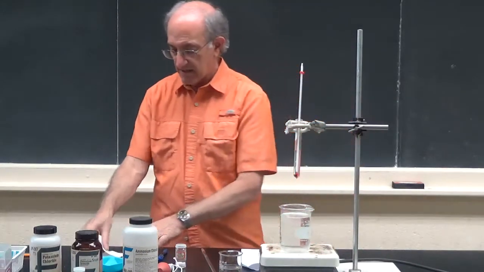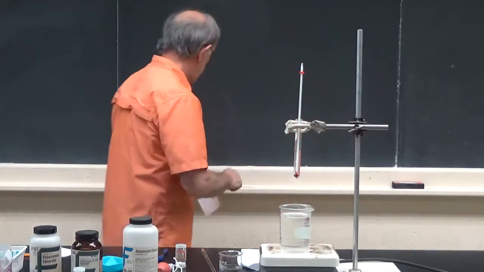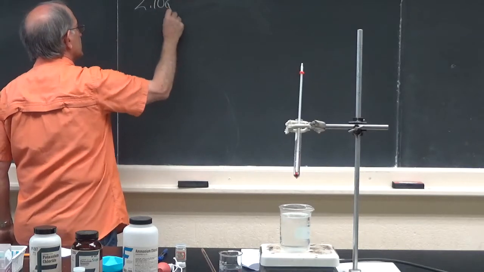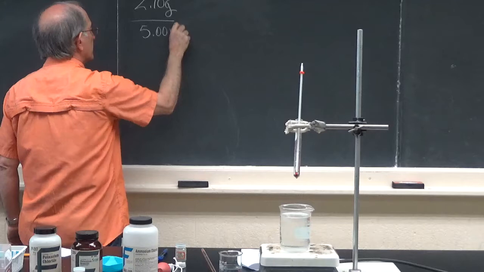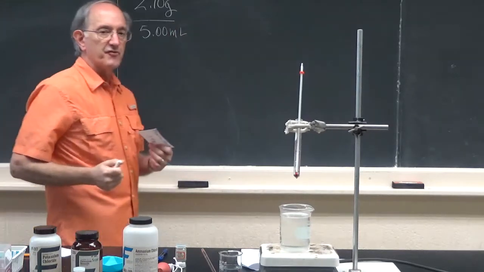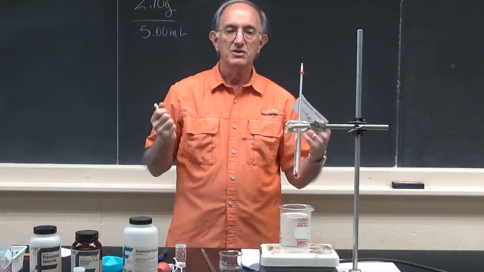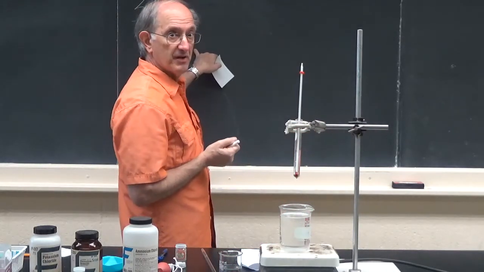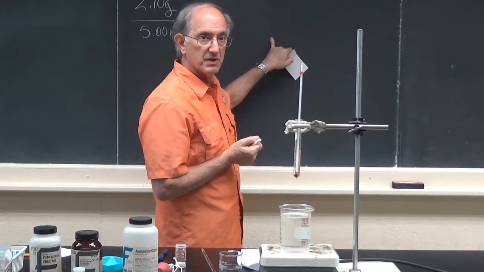So let's take this amount of potassium chloride, 2.10 grams per 5.00 milliliters. We need to convert this to a standard concentration. So what we want to do is convert this amount of potassium chloride to the amount in 100 milliliters.